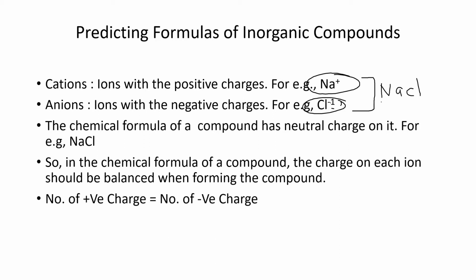So in the final product there will be no charge at all. That is why it says the compound is neutral. In a chemical compound the charge should be balanced, so the number of positive charges will be equal to the number of negative charges.